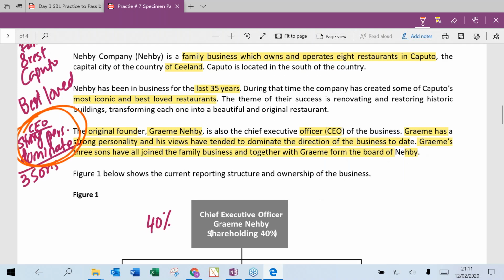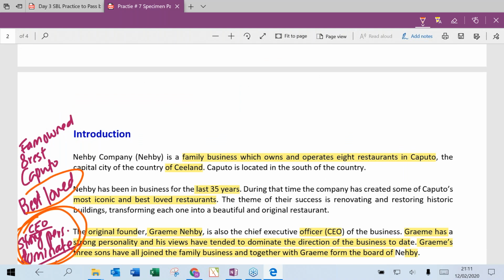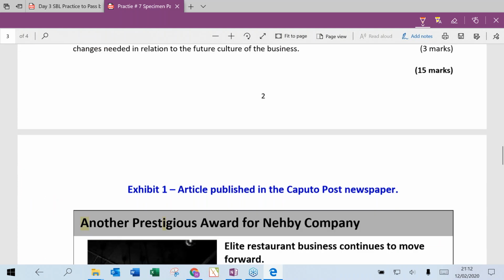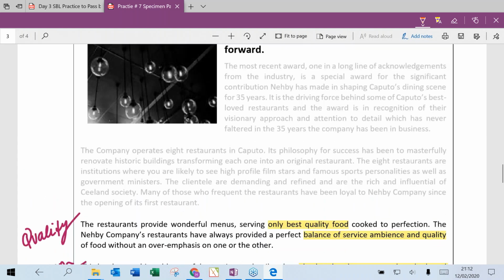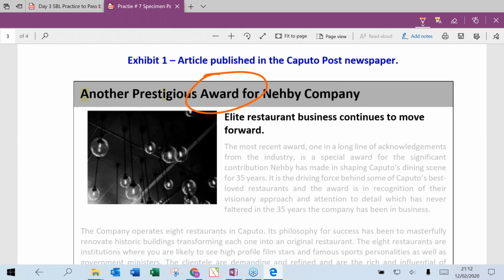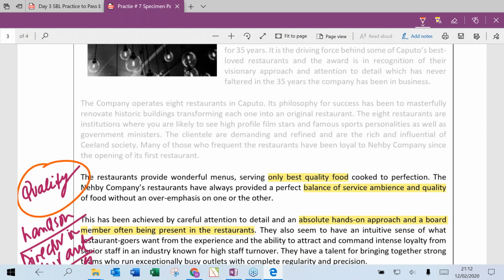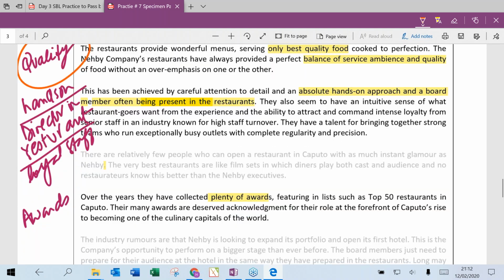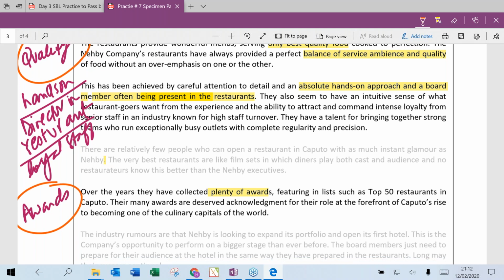You see, best loved restaurants, and they got a lot of quality awards. So definitely, in control systems, we will say that the company is quality focused, and we repeat a couple of facts from the case to prove our point.